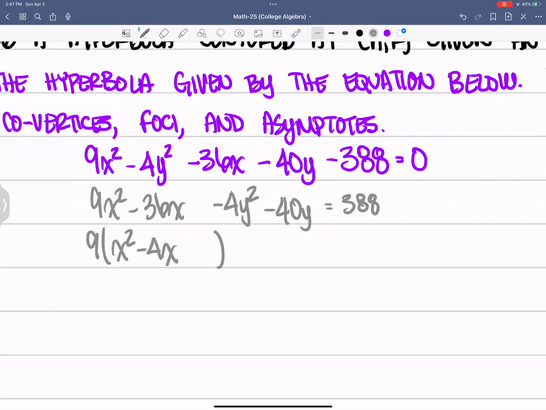Leave a little space because we're going to complete the square. And factoring out a negative 4 because we need a positive 1 there, we end up with y squared plus 10y. Leave a little space there. This is still equal to 388.